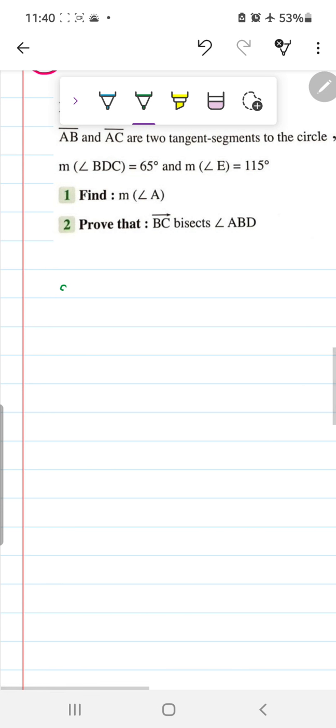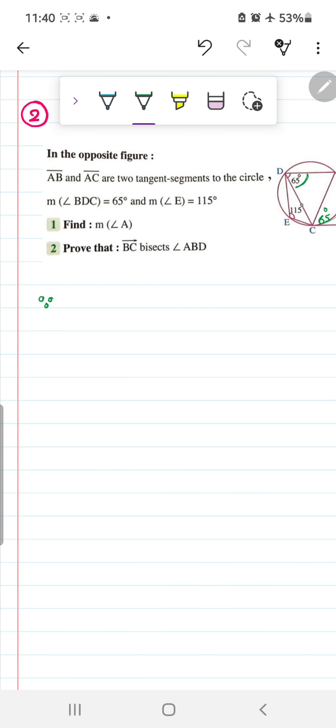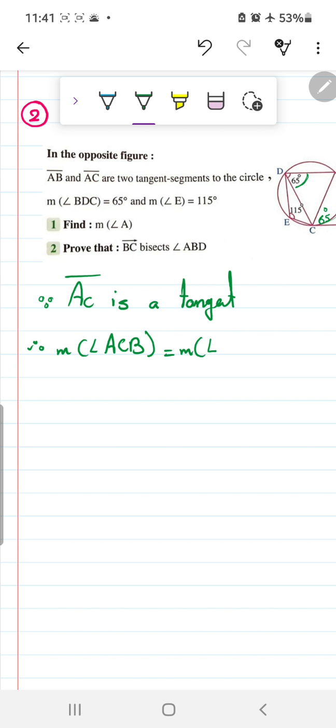Let's write it first. Since AC is a tangent, we get measure of angle ACB equals measure of angle BDC equals 65. Why? Angle of tangency and inscribed angle subtended by the same arc.